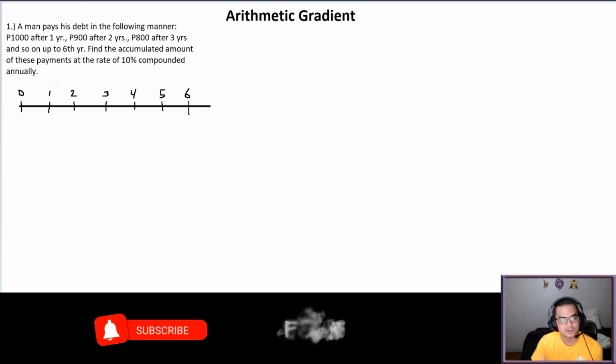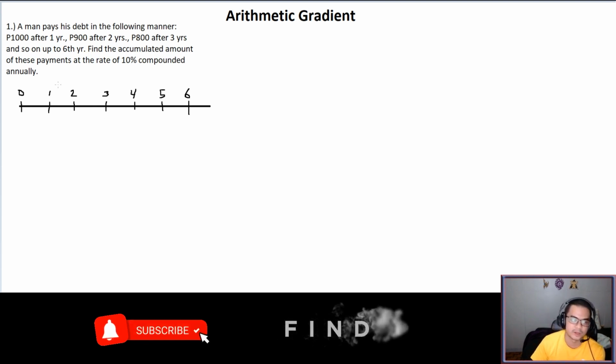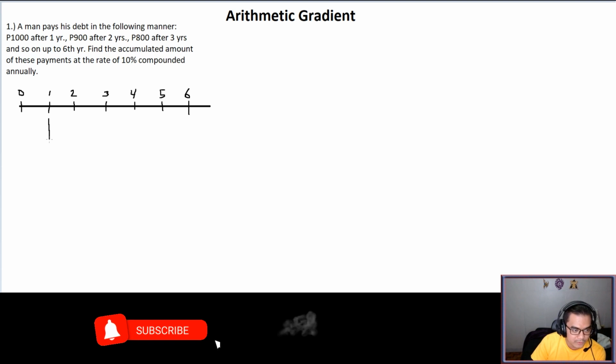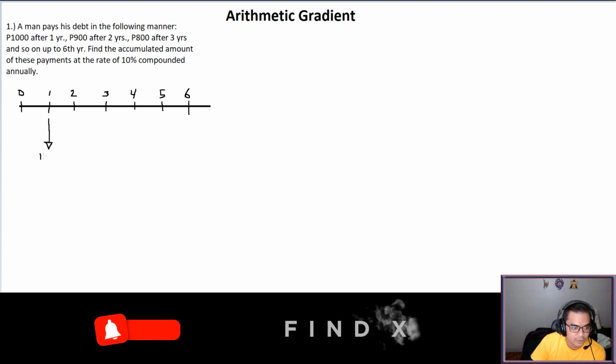As you can see, a man pays his debt in the following manner: 1,000 after 1 year. So after 1 year, we have a payment here of 1,000.